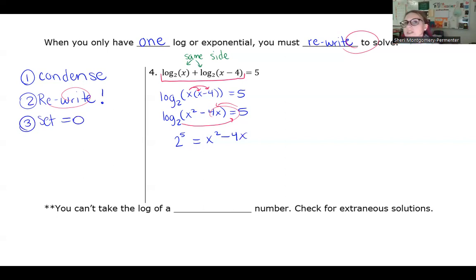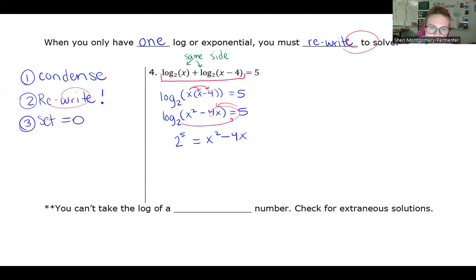Okay, to set this equal to 0, I'm going to check the x squared. Is the x squared positive? Leave it. Okay, so the x squared is kind of like the magnet. If it's positive, you leave it alone. Then you might want to move it to the other side. So I'm going to move the 2 to the 5th power. You have an exponent chart. What is 2 to the 5th power?